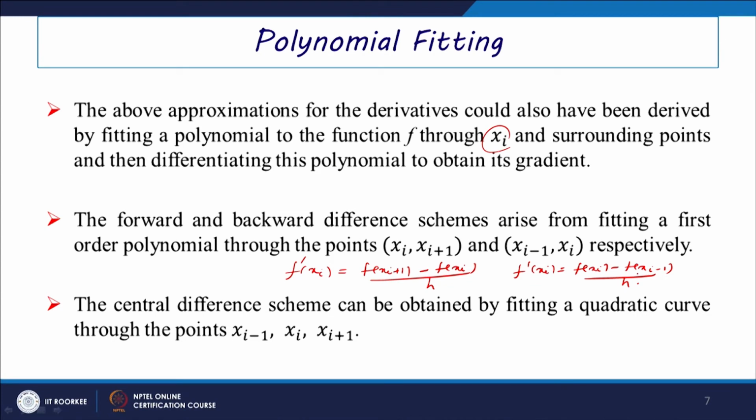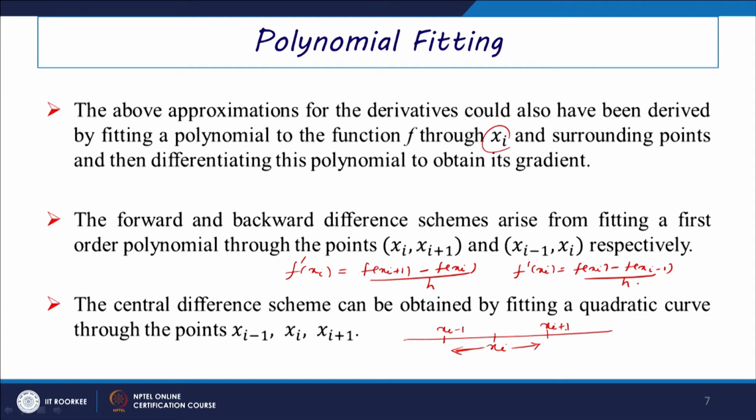The central difference can be obtained by fitting a quadratic curve through the points xi minus 1, xi and xi plus 1. We consider 3 points for the central difference approximation, since we march one step forward and one step backward. Backward means we consider the point xi minus 1, and forward means xi plus 1.